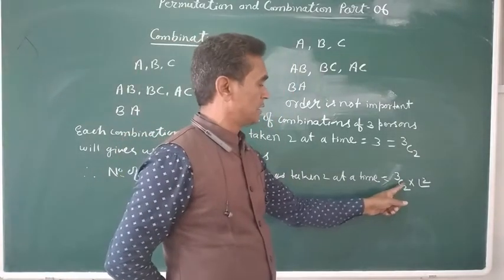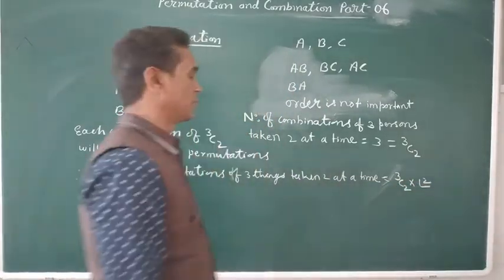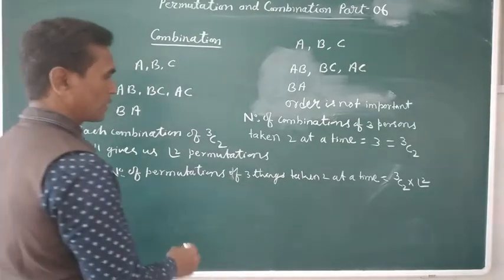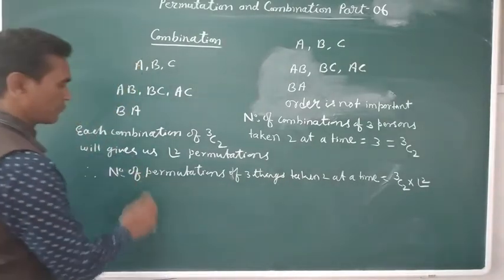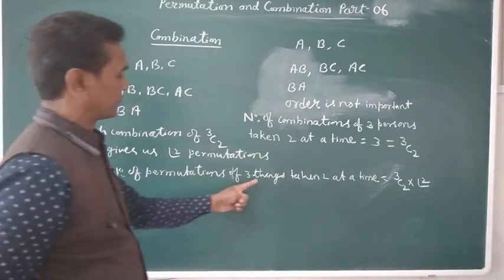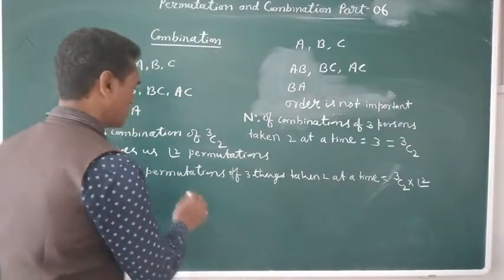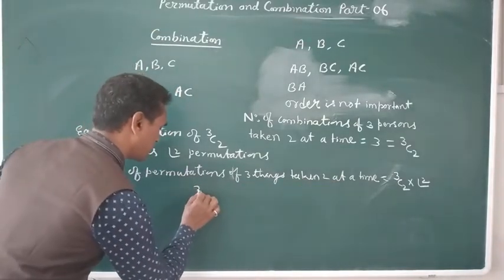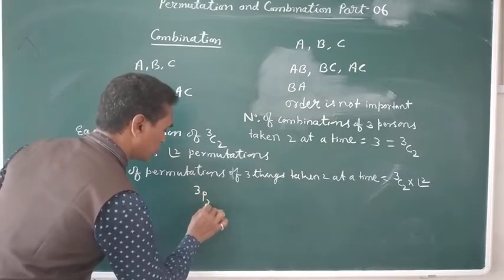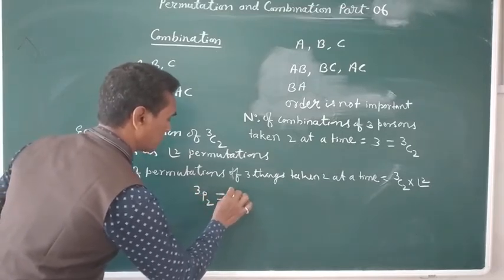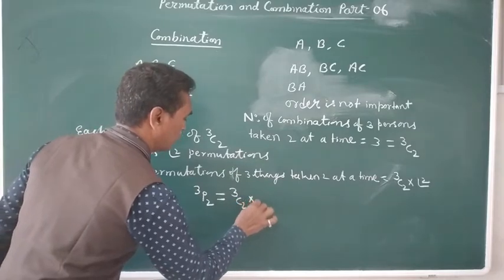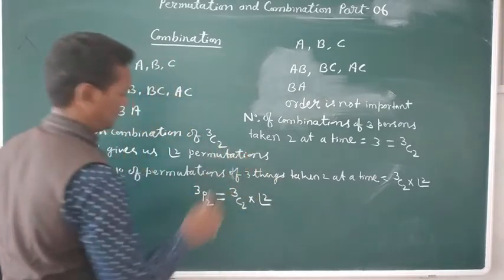Obviously this is 3 into 2, 6 permutations we will get. And we have a formula for the number of permutations of 3 things taken 2 at a time. So this is equal to 3P2. 3P2 equals 3C2 into factorial 2.